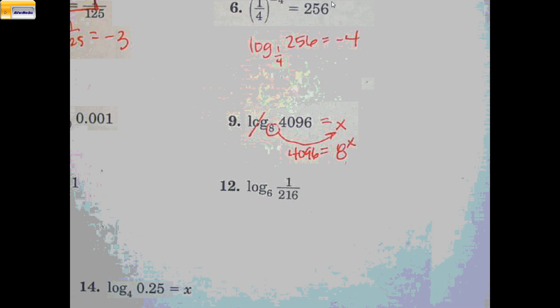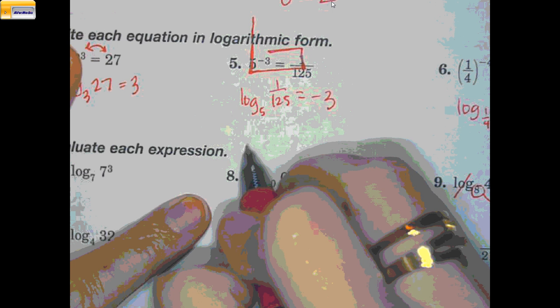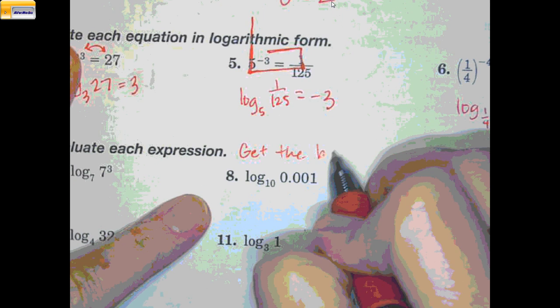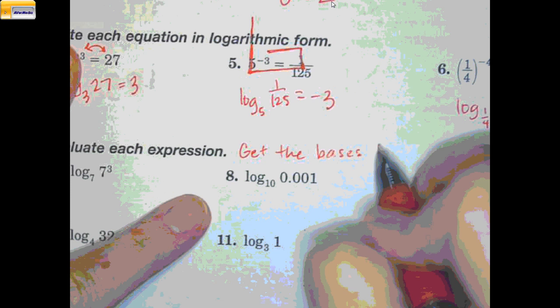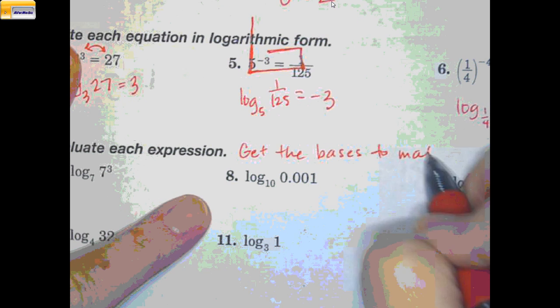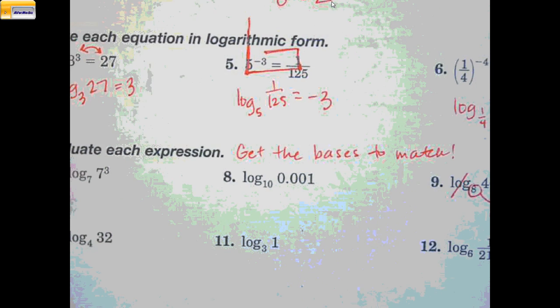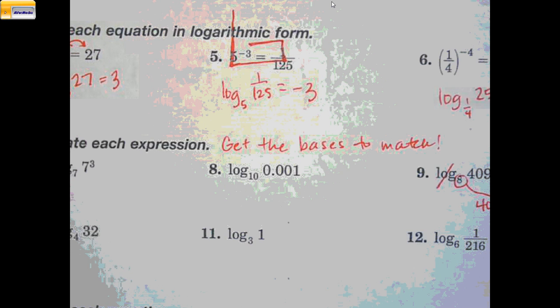You're not always going to be able to whip it out that fast because sometimes it gets a little more complicated. Your goal, and write this down, is get the bases to match. If you can get the bases to match, then you're home free.